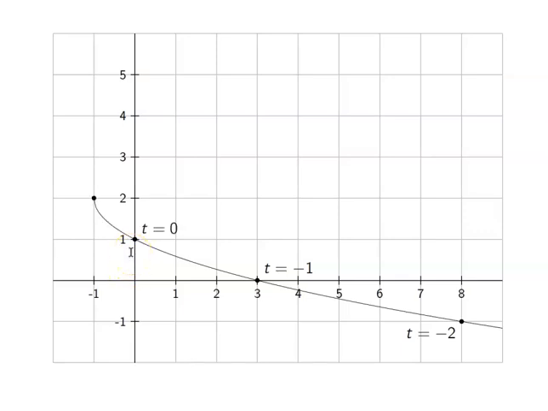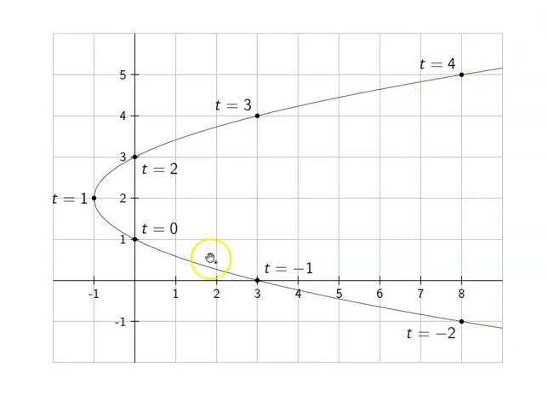That's at t equals 0. At t equals 1, I have -1 and 2. And then I have 0 and 3 for t equals 2. 3, 4 for t equals 3. And 8 and 5 for t equals 4. And then I continue to move in this direction.